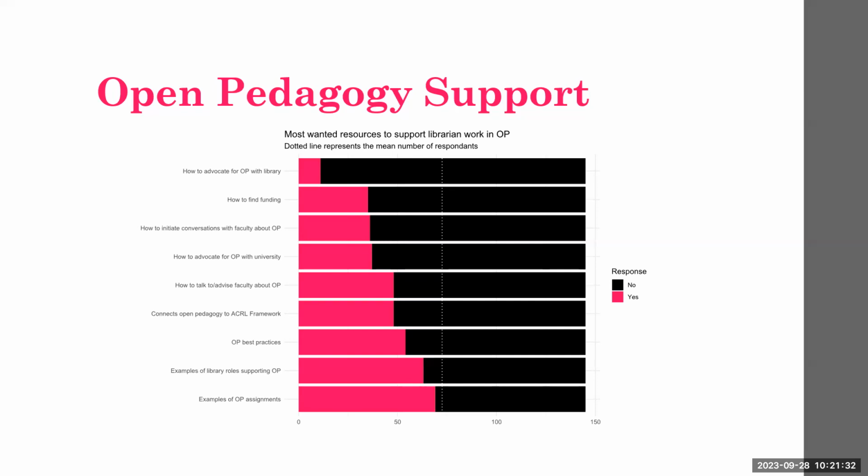The most requested topics included examples of open pedagogy assignments, 48%, examples of roles that the librarians have played in open pedagogy, 43%, and best practices for open pedagogy, 37%. How to talk to faculty about open pedagogy and showing how open pedagogy connects to the ACRL framework, 33% each, were also common responses. How to advocate for OP with the library and how to find funding were the least common responses.